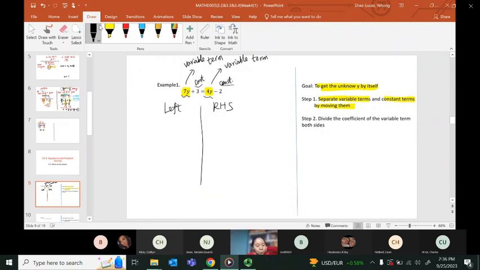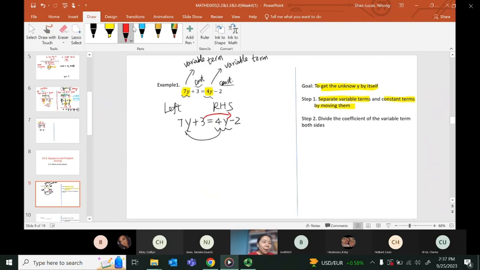There are different ways to look at this. You may have learned from your instructor to say, let's move 4y to the left-hand side and move the 3 to the right-hand side. After the moving, all the y's are on the left, all the numbers on the right, right?